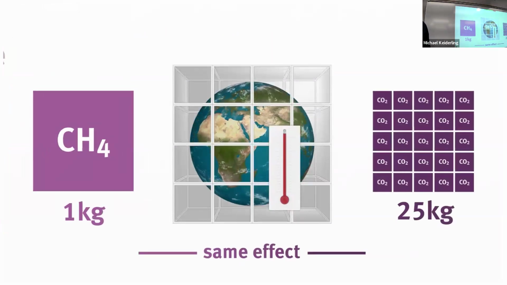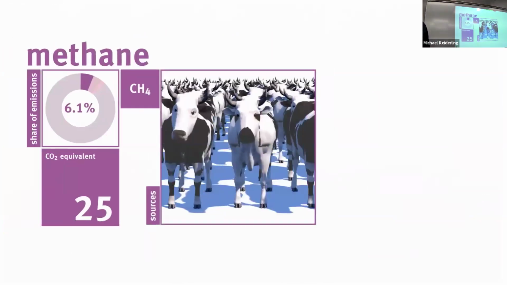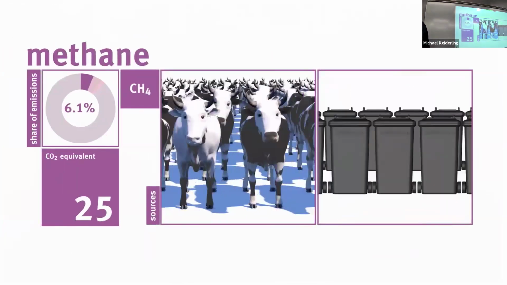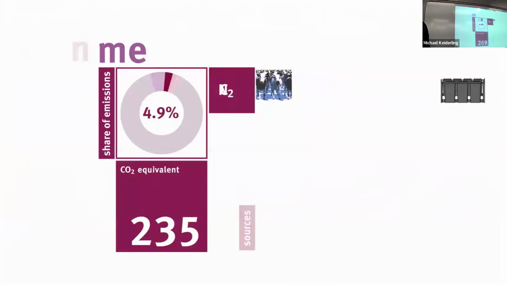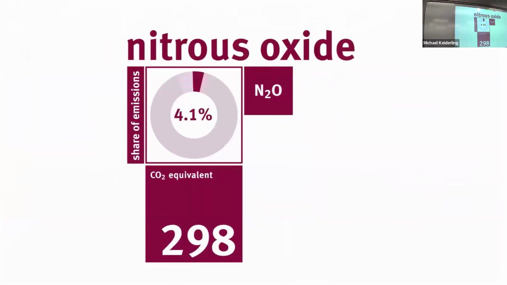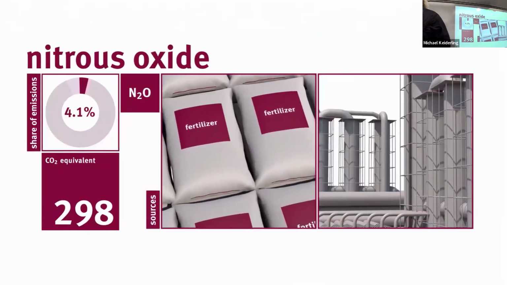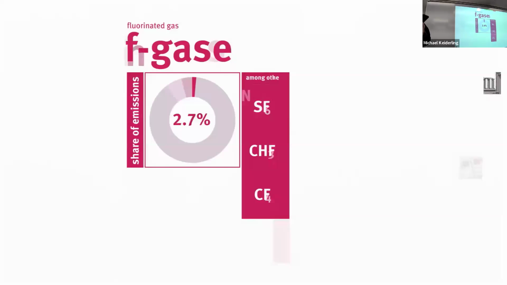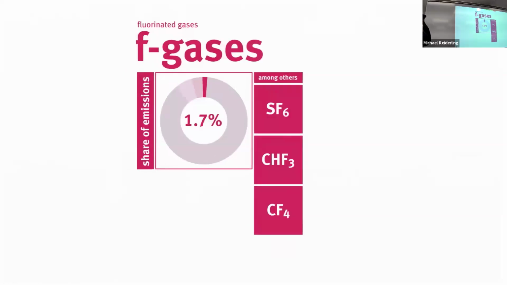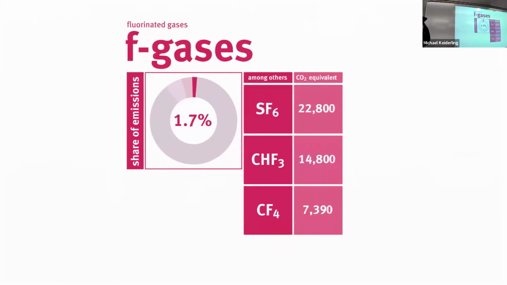In Germany, methane largely arises through agricultural livestock farming and the waste sector. The impact of nitrous oxide is 298 times greater than CO2. This mainly arises during the production and use of fertilizers and in the chemical industry. Although fluorinated gases only account for a very small proportion of total emissions, some of them have an extremely potent greenhouse impact. The CO2 equivalent of sulfur hexafluoride, for example, is 22,800.